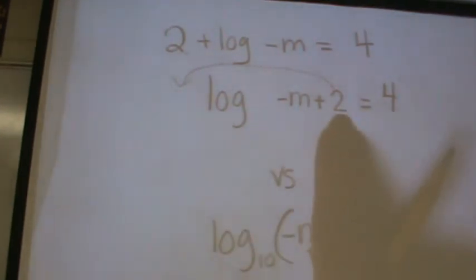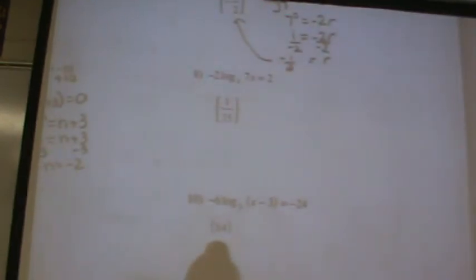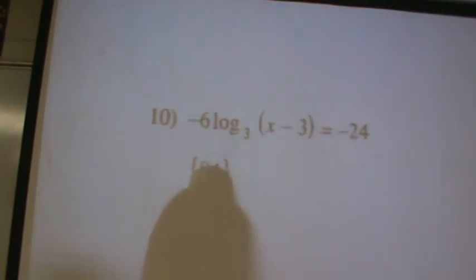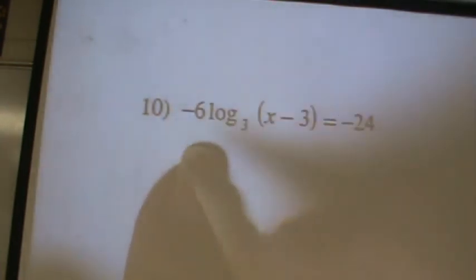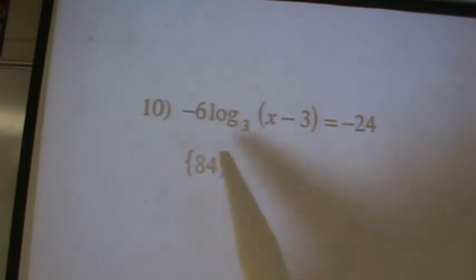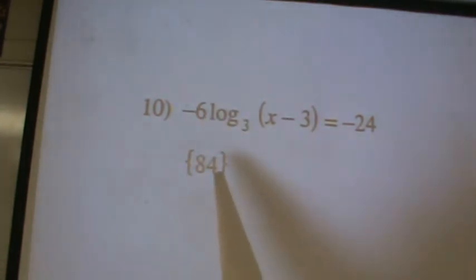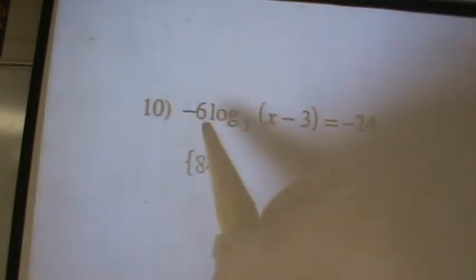You can subtract 2. So if you look at these next ones, these are separate. How are you going to conquer number 10? What's the deal here? I want to get rid of this. Add 6.